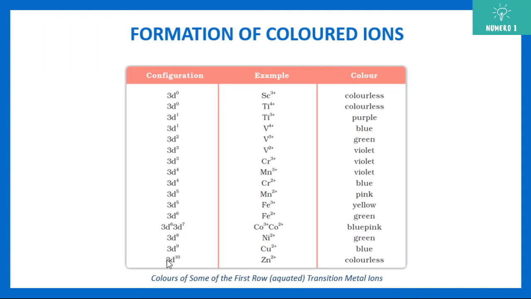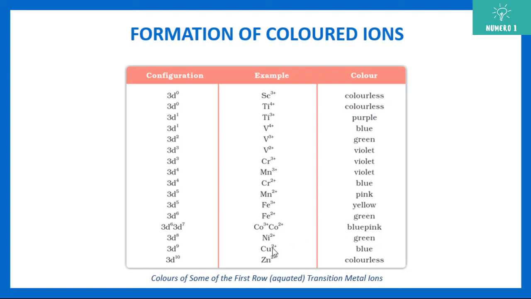Now note that for 3d10 there is no d-d transition taking place because spaces are not available, hence it's colorless. Same way 3d0: there are no electrons in the 3d orbital, hence the ions are colorless, and all the others have some or the other color.